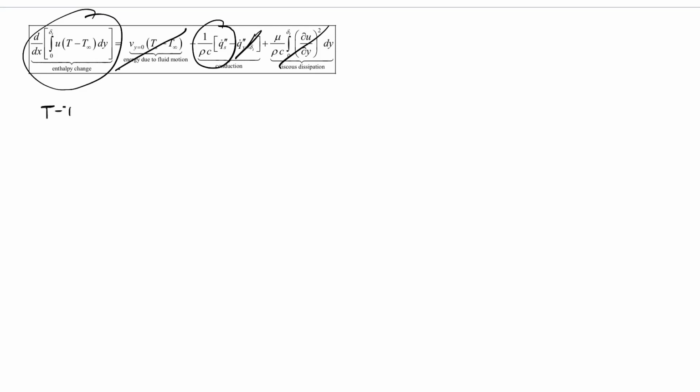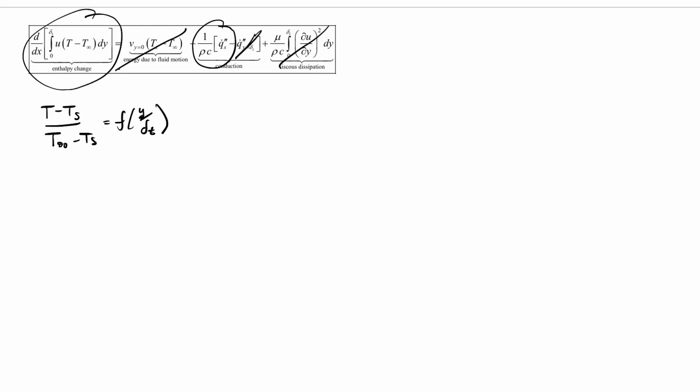So (T minus T_S) over (T infinity minus T_S), that's going to be our normalized temperature distribution. And that's going to be some function of y over delta T. Right? So let's just write that function of position y over the boundary layer thickness, delta T, the thermal boundary layer thickness, not the momentum.